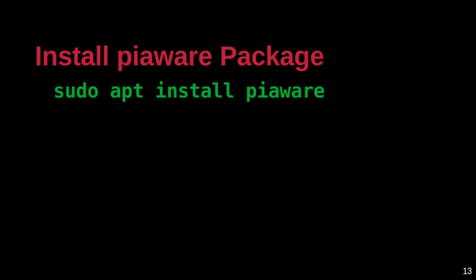During the installation of the PiAware package, additional modules will be identified and installed subject to your acknowledgement. Notice that the -y option for the install command is omitted intentionally in the example.